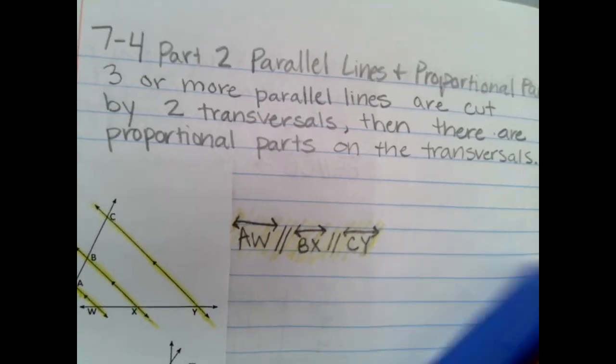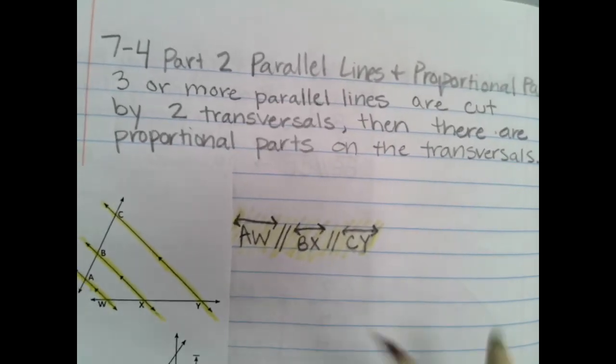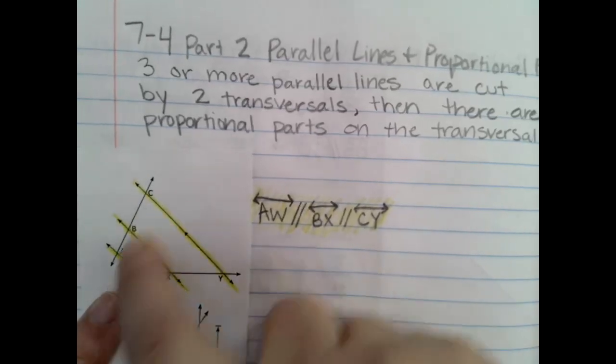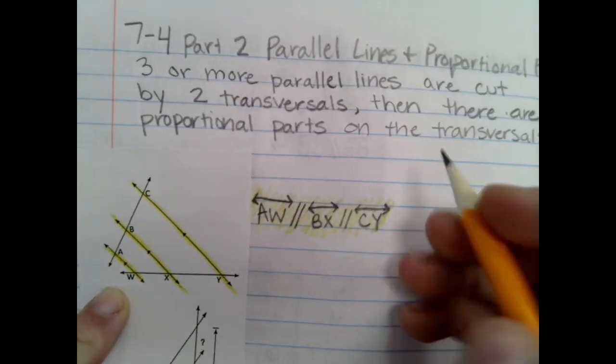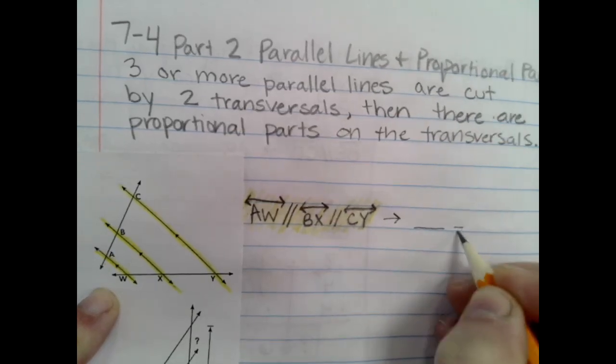Okay, so because of that, our proportions that we can compare are on those opposite transversals. So our transversals that cut through are this WY at the bottom and this AC that cuts through the top. So because of that, we have these three proportions that are equal to each other.